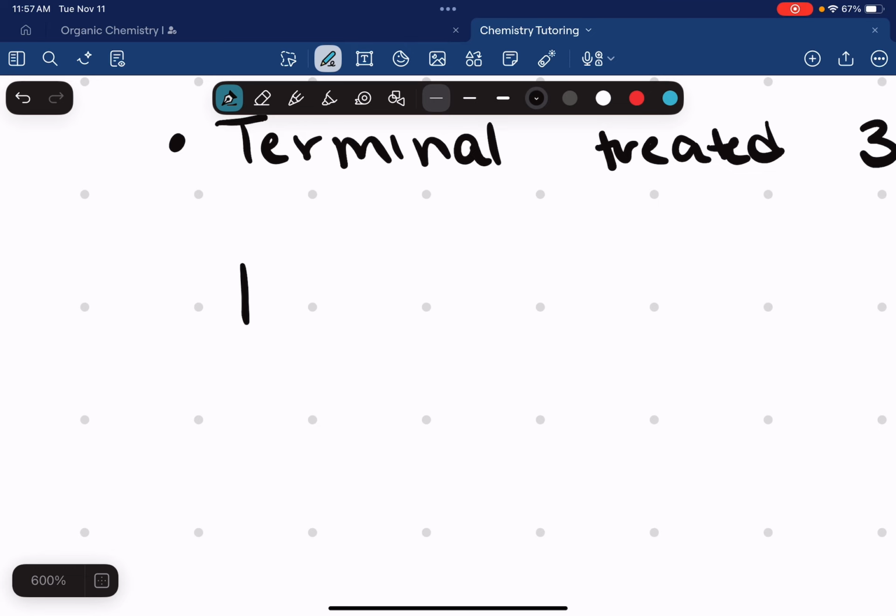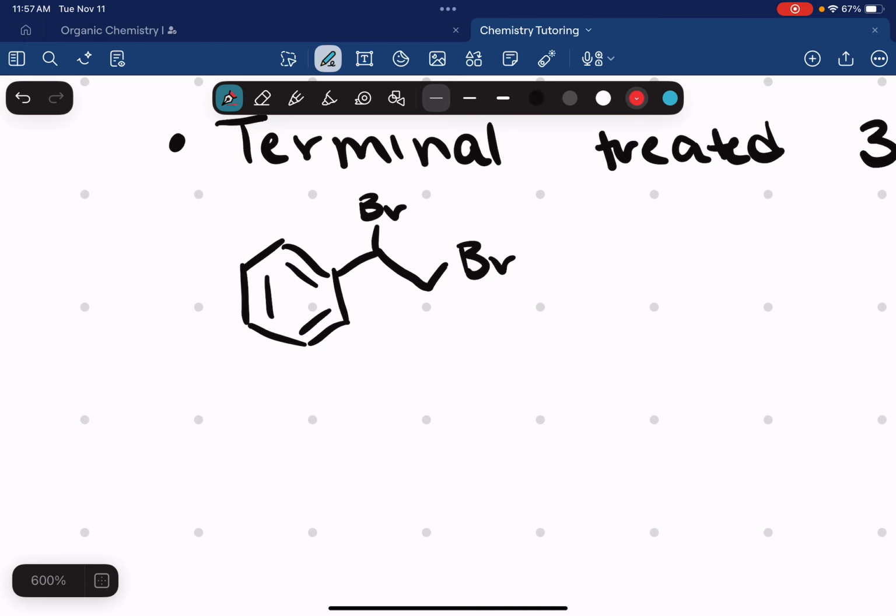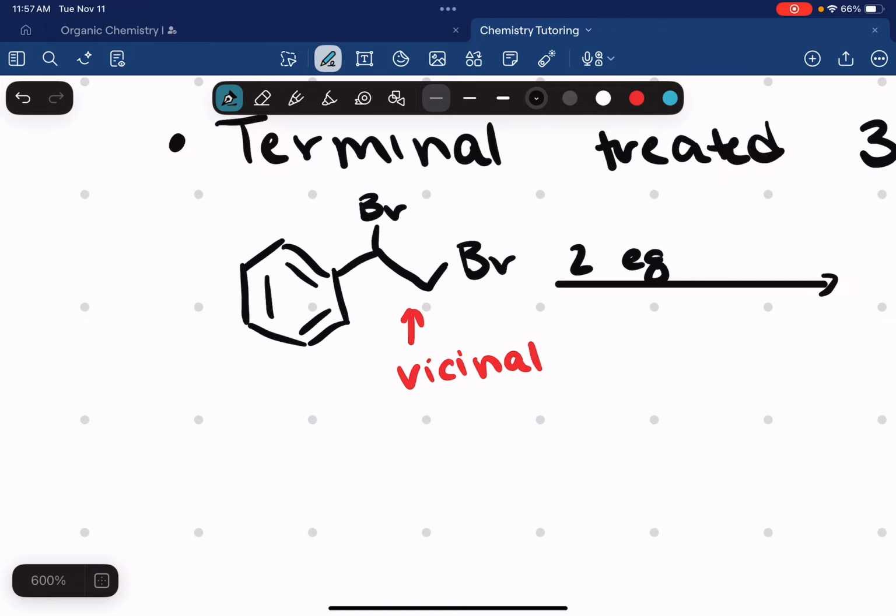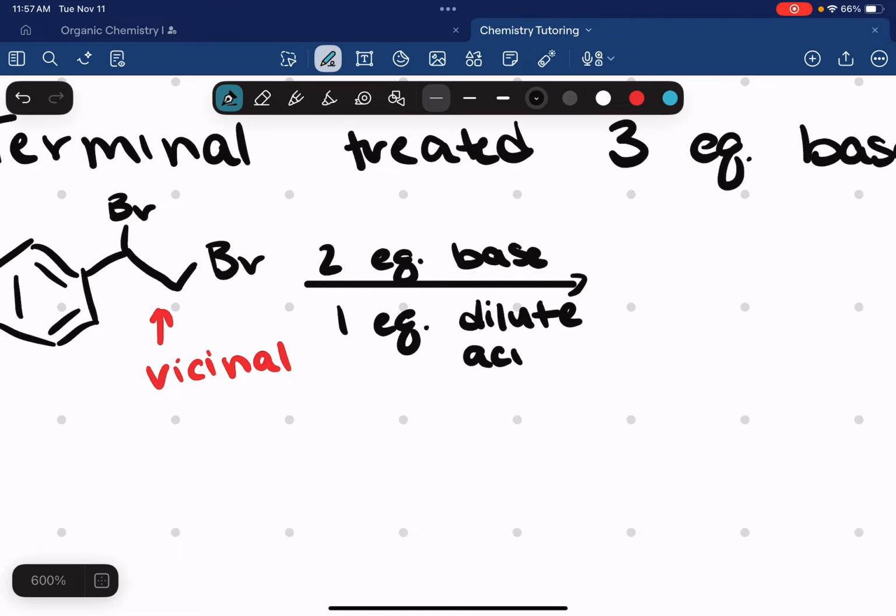So you end up with, we'll do it with both geminal and vicinal. Sorry. So these two are next door neighbors. They're vicinal. You're going to treat it with two equivalents of base, one equivalent dilute acid.